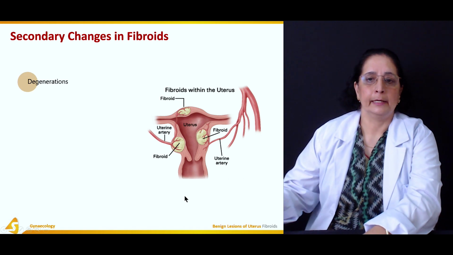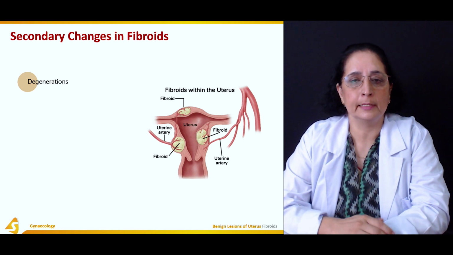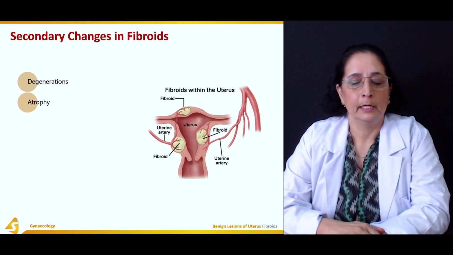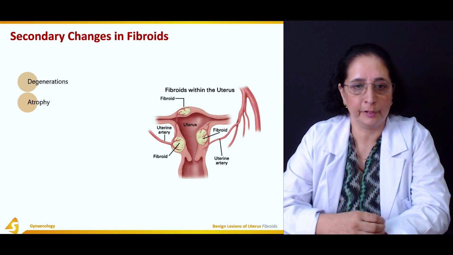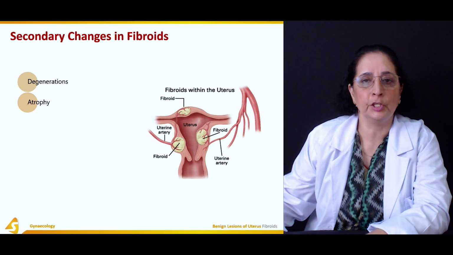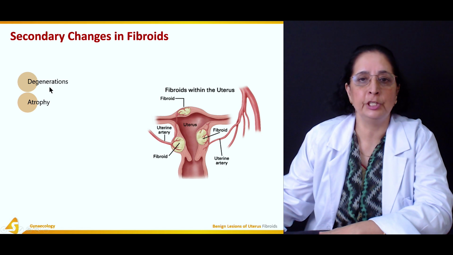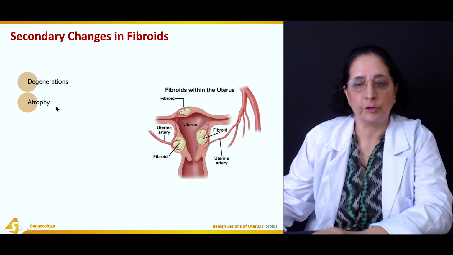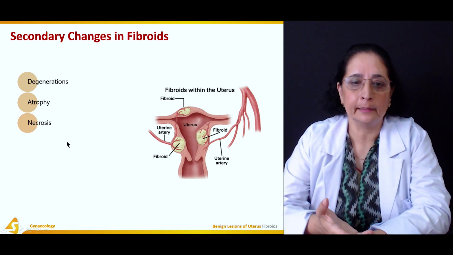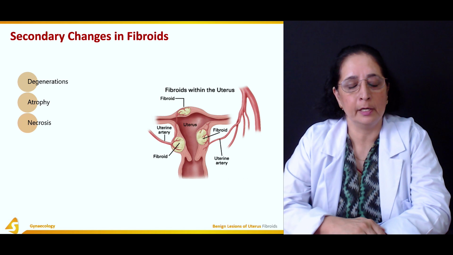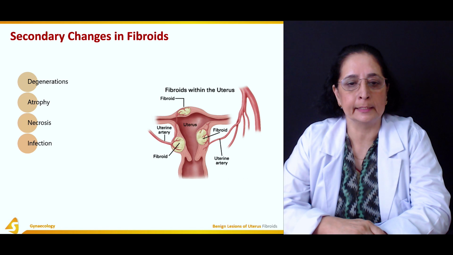So the changes that can take place in the fibroids: fibroids can get degenerated. There is atrophy of the fibroids, or shrinking of the fibroid. Degeneration is due to the lack of blood supply. It gets degenerated, and there is atrophy. Necrosis. Necrosis is the death of the cells of the fibroid. It might get infected.